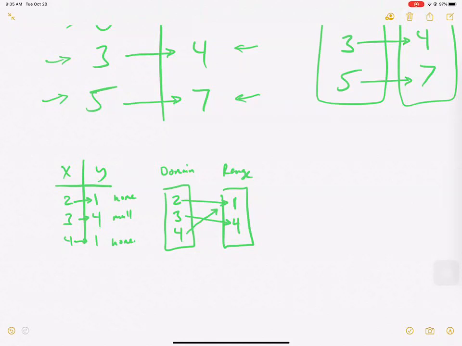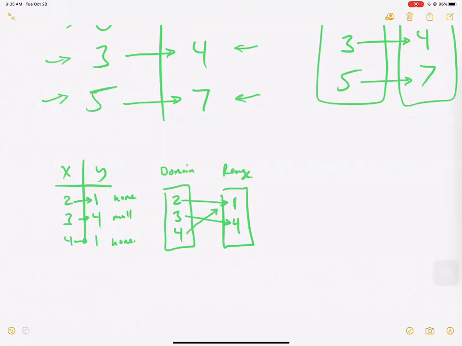So for something to be called a function, every input has an output, and for functions, we're going to learn this a little bit later, there's a rule that you can't double up on your input. You can't repeat domains. I'll show you that in a little bit with this example.